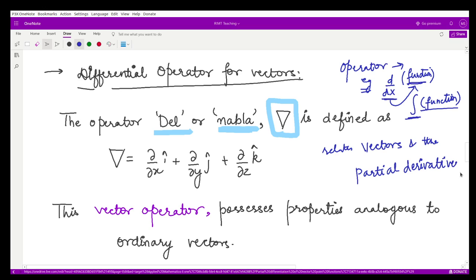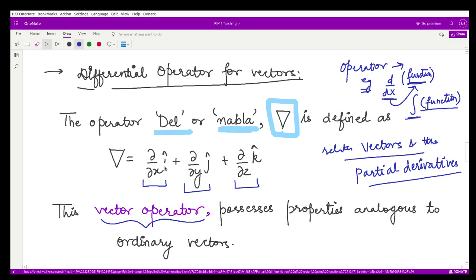Basically, it gives you the change in x in the i direction, the change in the coordinate y in the j direction, and the change in the coordinate z in the k direction. This is a vector operator, that means it will apply onto some function.